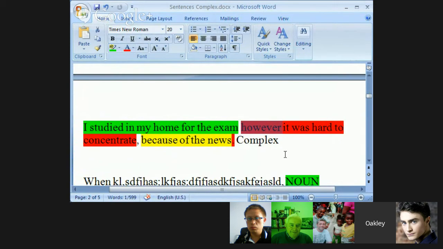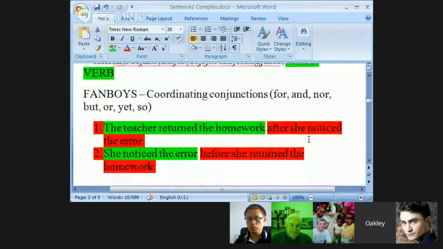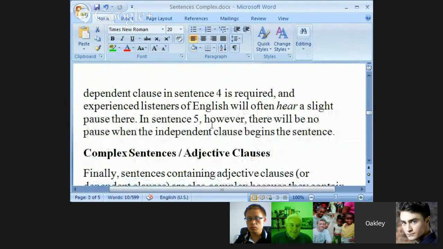I can get rid of "however" and put a period and make this a new sentence. "It was hard to concentrate because of the news." The possibilities are next to endless. You can pretty much make any sentence into any of the sentence forms: compound, complex, simple, whatever.